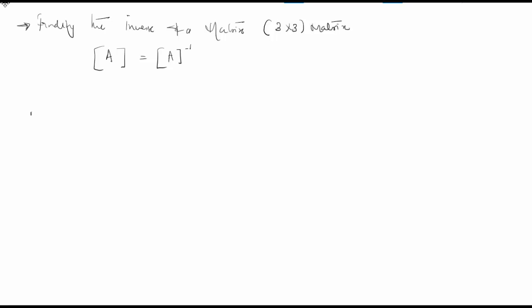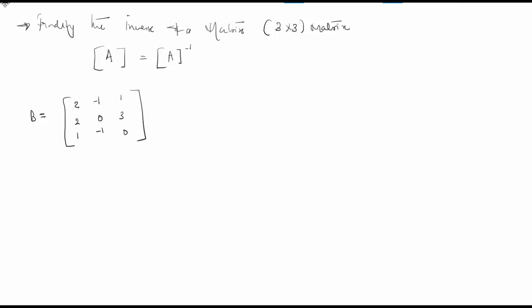Suppose there is a matrix given by B is equal to 2 2 1, minus 1 0 minus 1, and 1 3 0. The task is to find the inverse of this matrix.